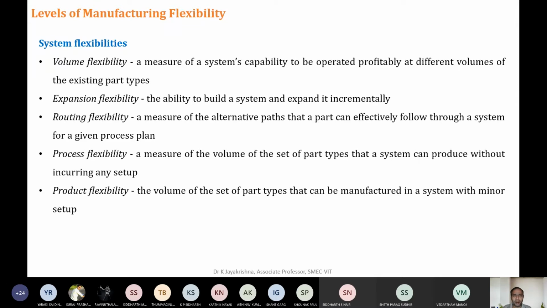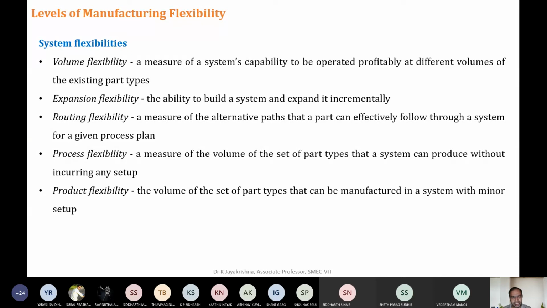Then comes process flexibility. When I say process flexibility, it is about volume, like how, using the same setup, I can manufacture more products. That is very important. Say for example, again coming back to the plastic manufacturing process, an injection molding machine.